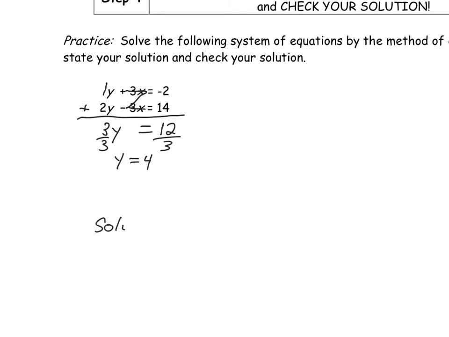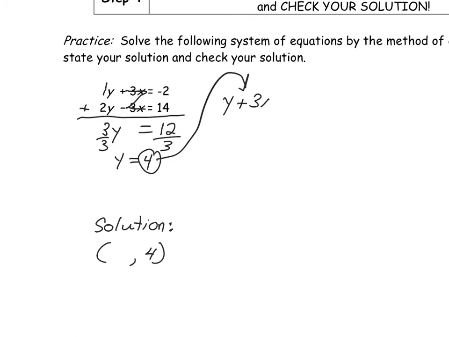So for my solution, I have a y value of 4. So now I'm going to take that y value and plug it back into one of the two equations. Again, it looks like the first equation is the easiest because I don't have to do anything to the y. All I do is plug it in.